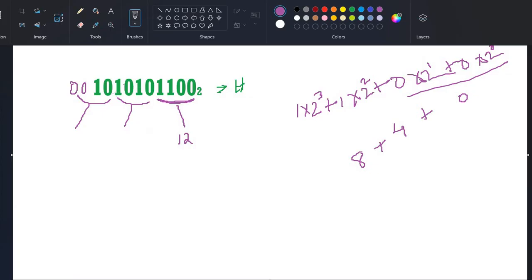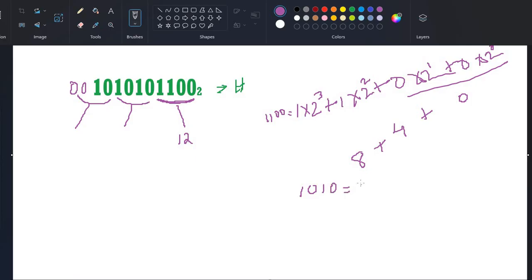So here, what we will get? This is 1, 1, 0, 0 equals this one. Okay. So 1, 0, 1, 0.